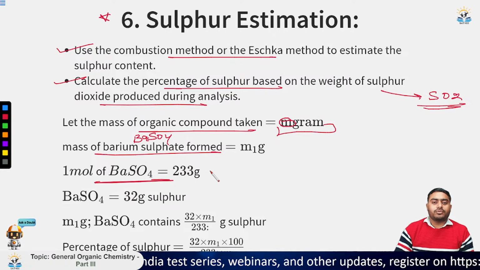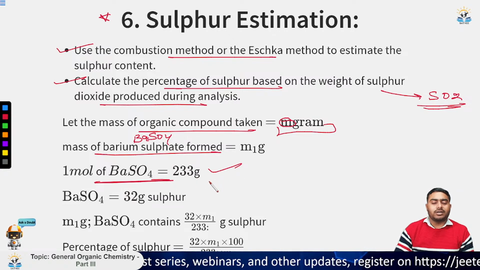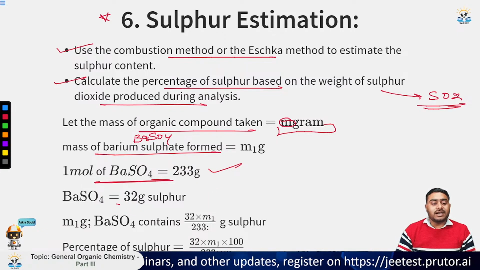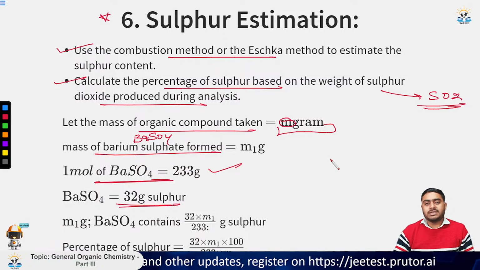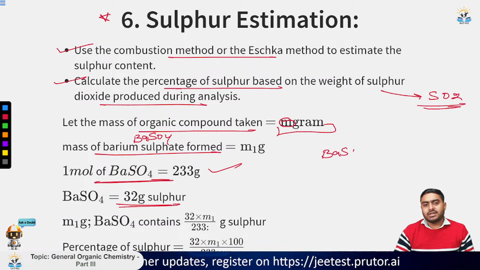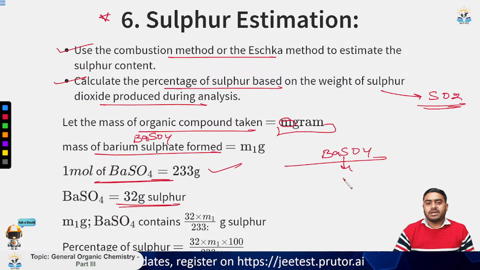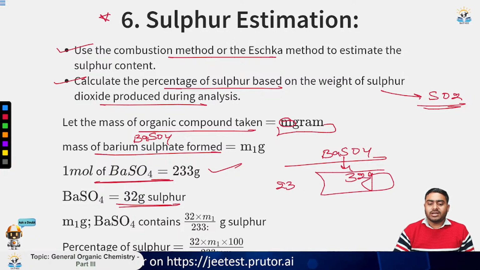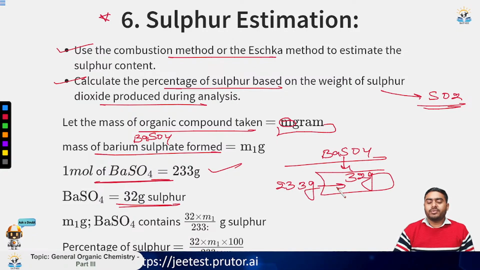1 mole of BaSO4 means 233 gram. BaSO4 contains 32 gram of sulfur, because in BaSO4 there is only one sulfur. That means 233 gram of BaSO4 contains 32 gram of sulfur, right?